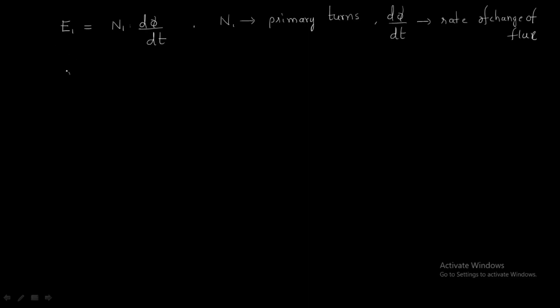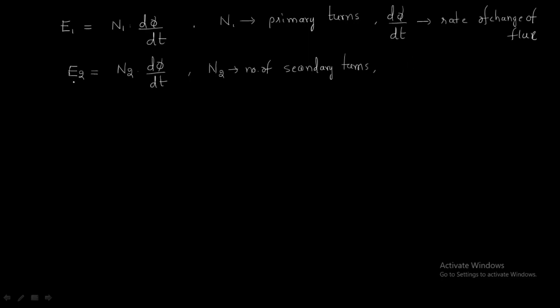So the induced E2 will be written like this: N2 d phi by dt. Same, N2 is the number of secondary turns. Same, d phi by dt, the rate of change of flux, is common.